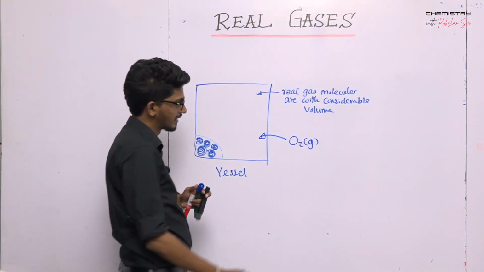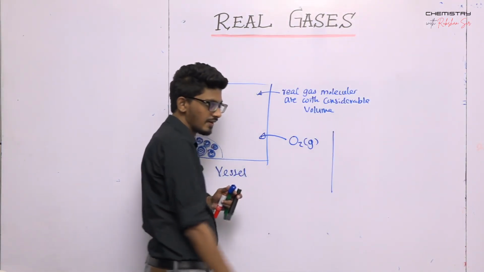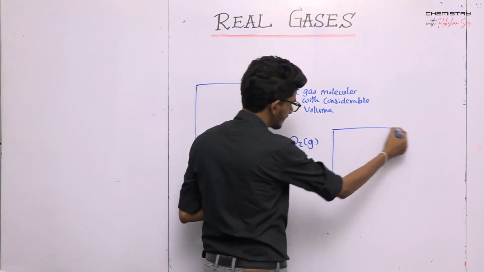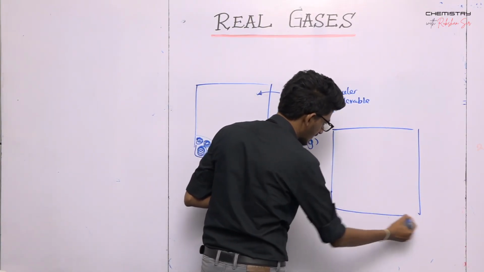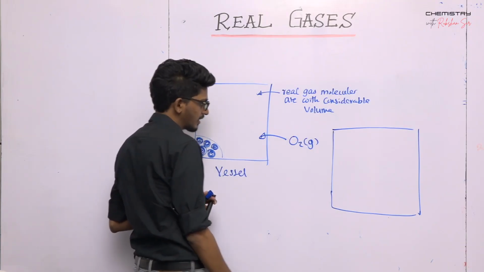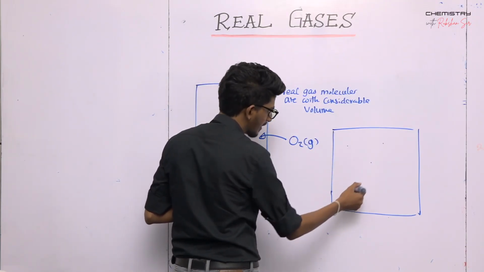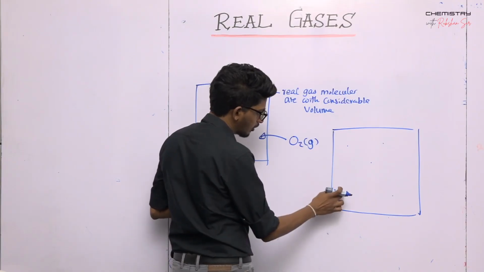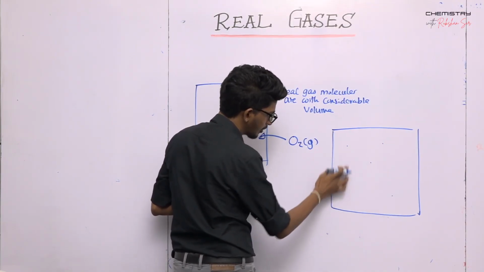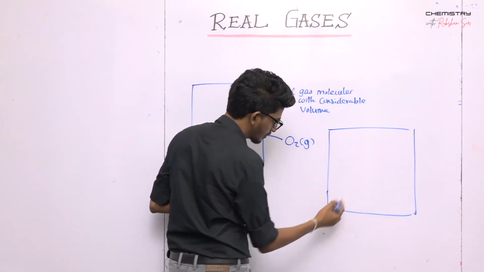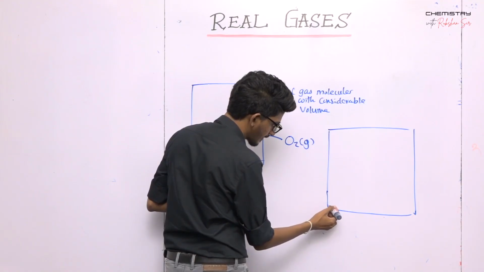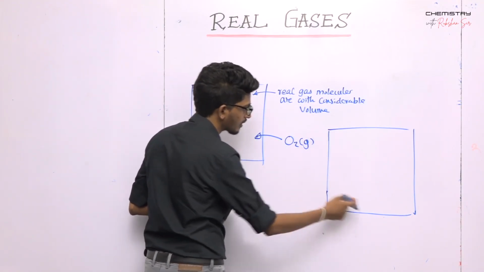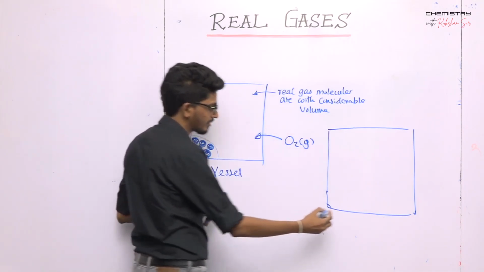But when it comes to ideal gases, what is the nature there? As those are point masses, compared to the volume of the vessel, the volume occupied by the gas molecules, if you were to take all of them to this corner, is negligible. That is what happens with the ideal gas.